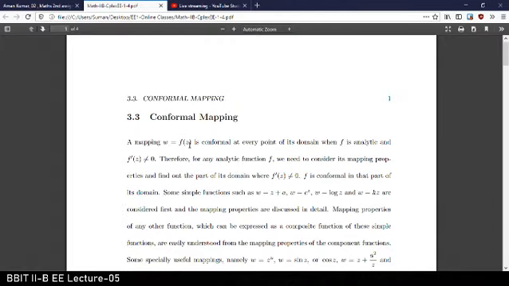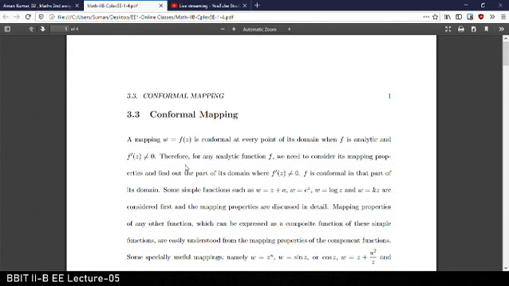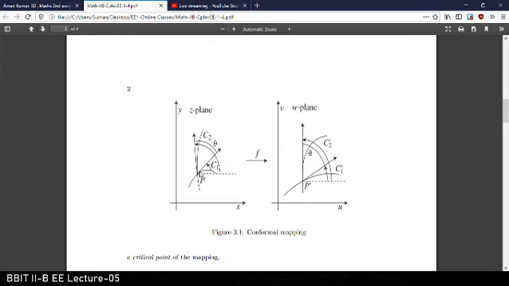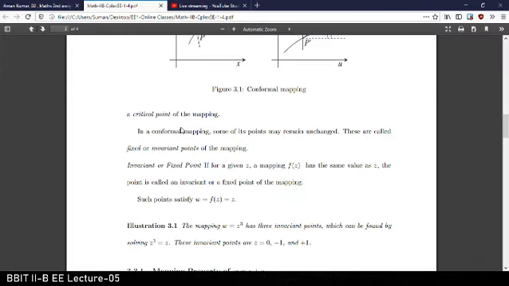If w equal to f z is a mapping, consider the derivative f dash z, equate it to 0, and find at what value of z the derivative vanishes. Clear? These will be called critical points of a conformal mapping.